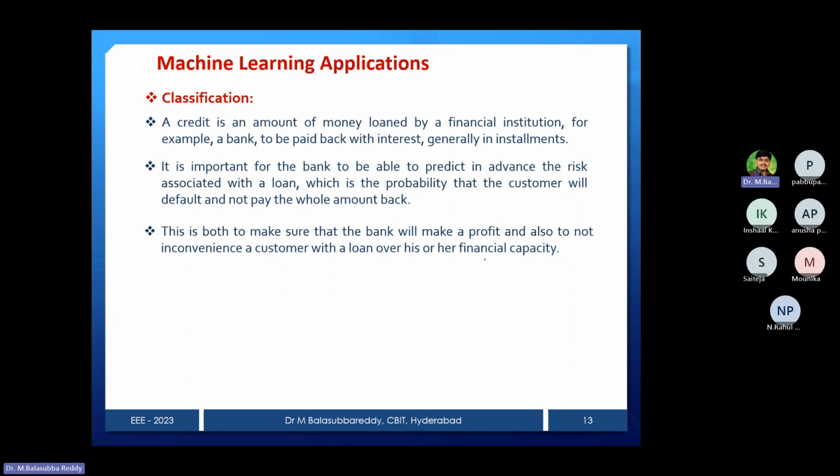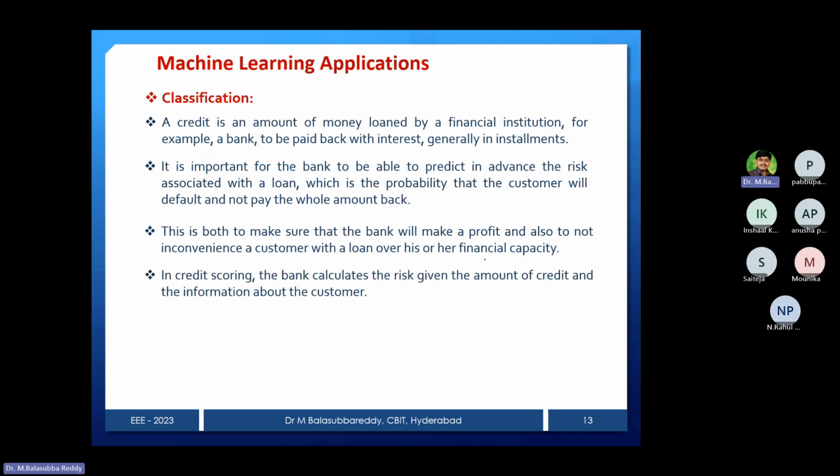The reason is, if you take more, you have to pay more EMI, but the remaining amount may not be enough for your day-to-day activities. Then at some point of time he may not be able to pay the EMI. That is the reason they consider that percentage of the income for the EMI calculation.